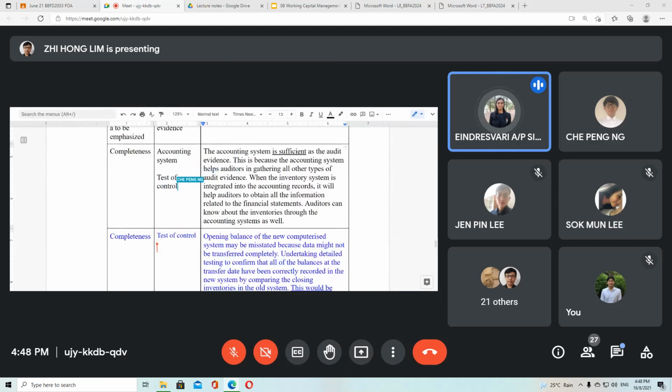Okay, the opening balance can also be taken into consideration. But the main thing is how to know whether, because the system is now linked to the inventory system and also this accounting system, you can trust the system or not. So you will need to do more tests of controls for this. Next.